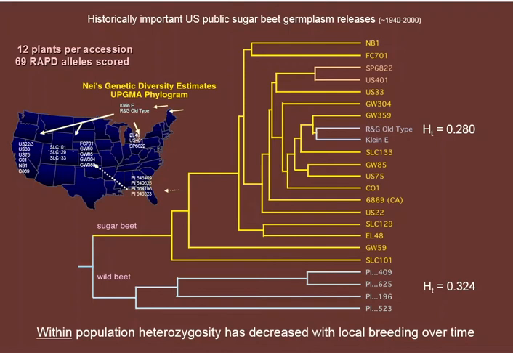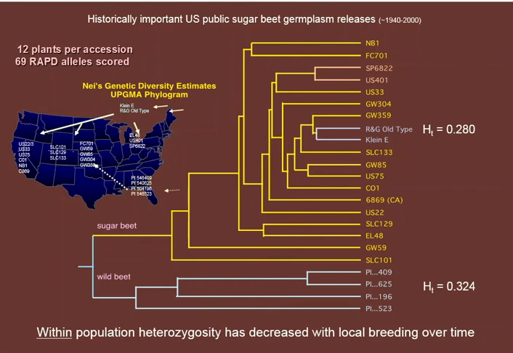traits. So here's a complicated graphic of the evolution of beets within the U.S. Of course, this was introduced probably into the U.S. as early as the 1850s, but really not until the 1870s and maybe even the 1890s.